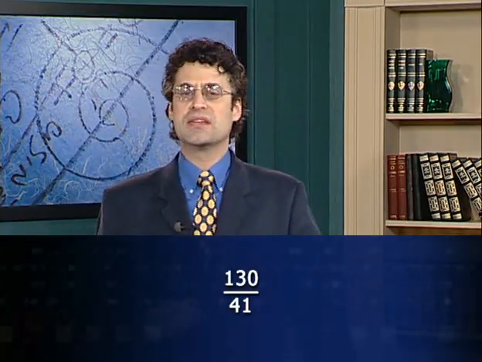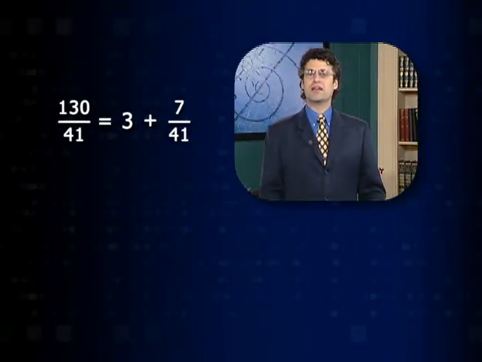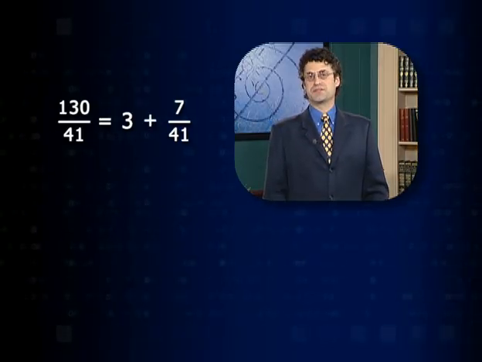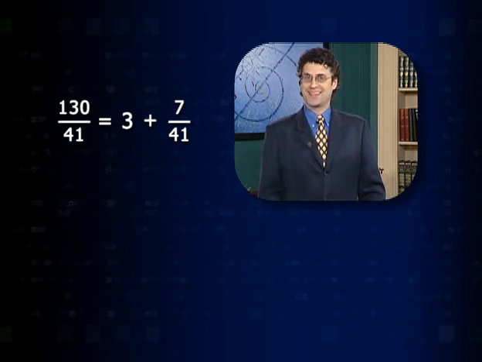Well, we now follow the intellectual footsteps of our ancient Greek mathematical ancestors in an attempt to express the rational number 130 over 41. As a first step, we just rewrite the first 3 equations that we just found. If we divide the first equation by 41, we see 130 divided by 41 equals 3 plus 7 41sts.